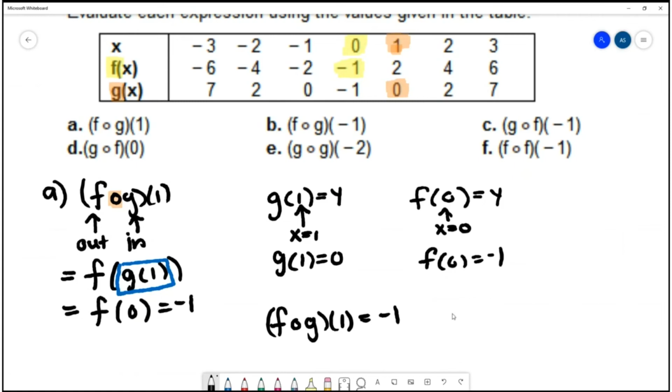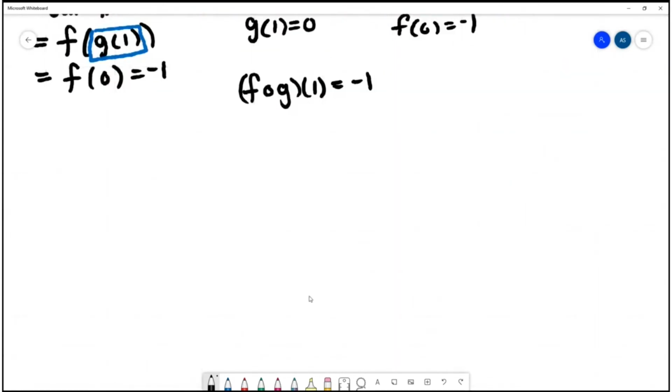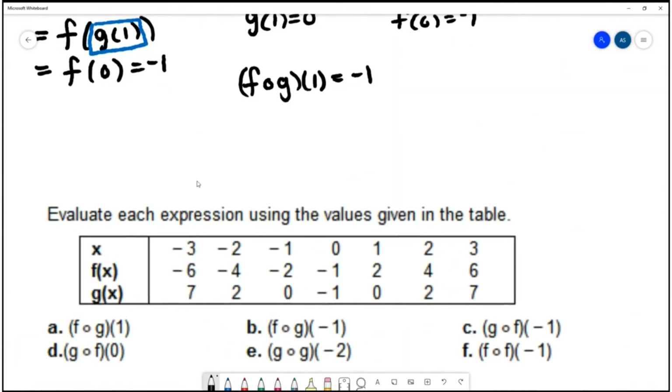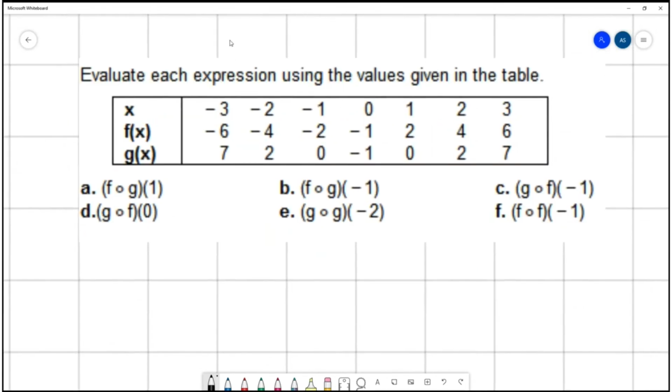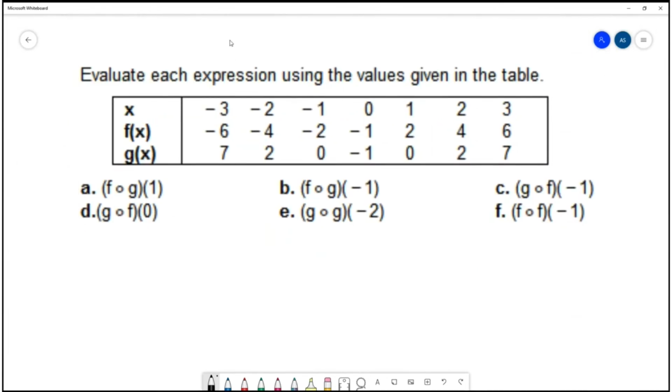Here we have a few more to do. So let's take a look. In part B, we want to find f composed with g of negative 1. This is f of g of negative 1.